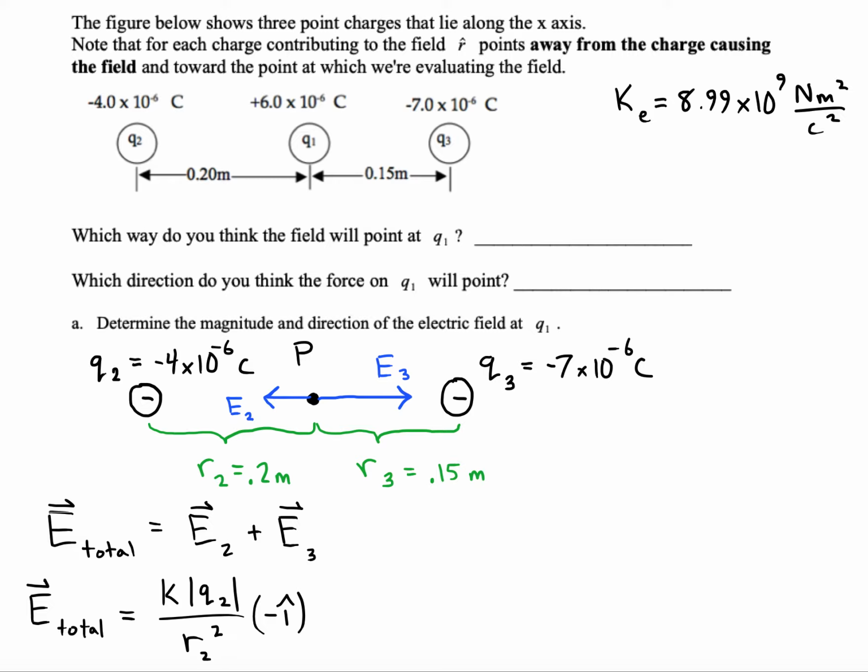I just look at the picture and know that it has to be a negative. So I don't want a negative in my Q in that case, because a negative times a negative would flip it to positive, which I don't want. And now I do the same thing with my Q3.